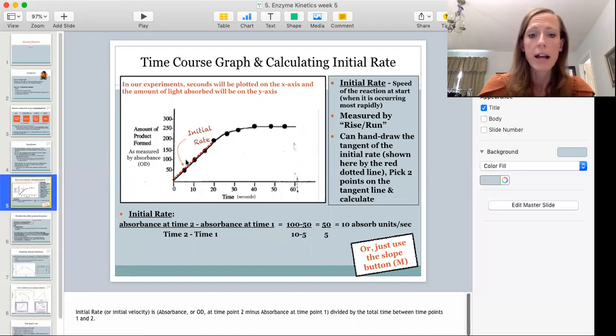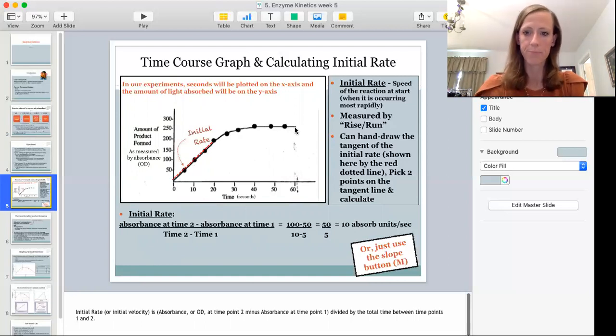Okay, so as the reaction proceeds, you will get an absorbance reading every second. And so you will get values that then will look something like this graph here, where you see a more drastic increase in the reaction rate towards the beginning, and then it tends to level off as time goes on, okay?